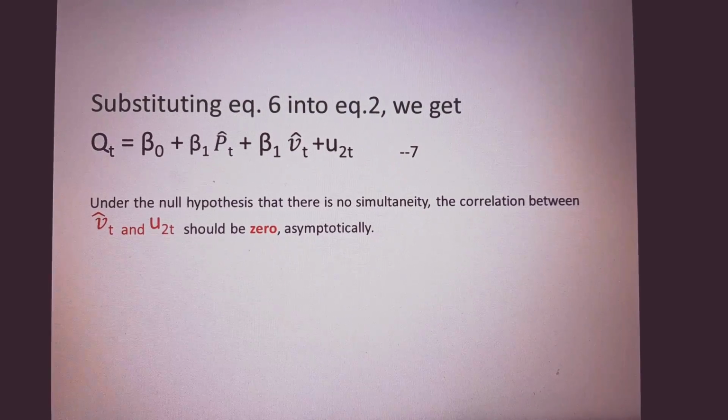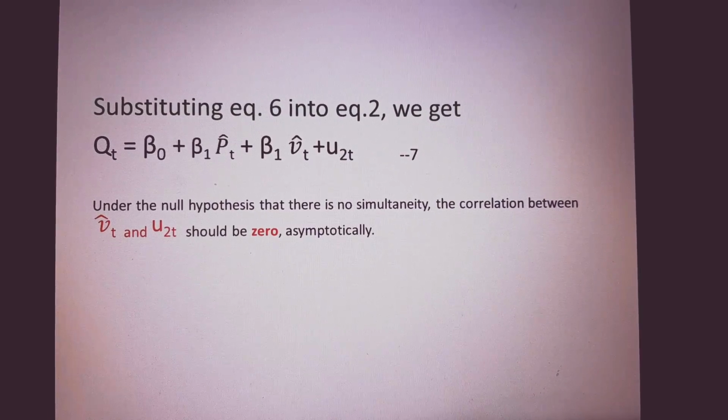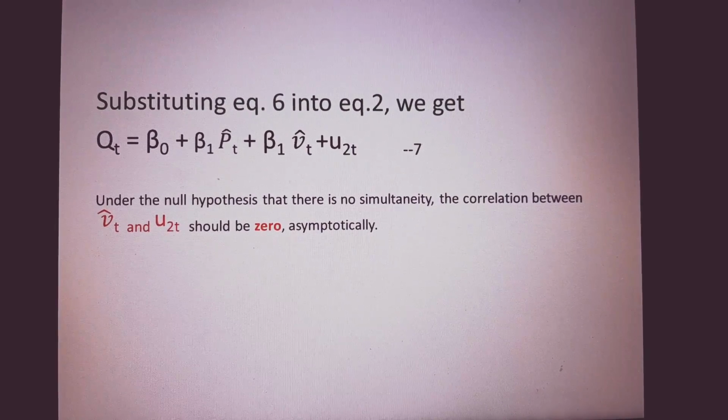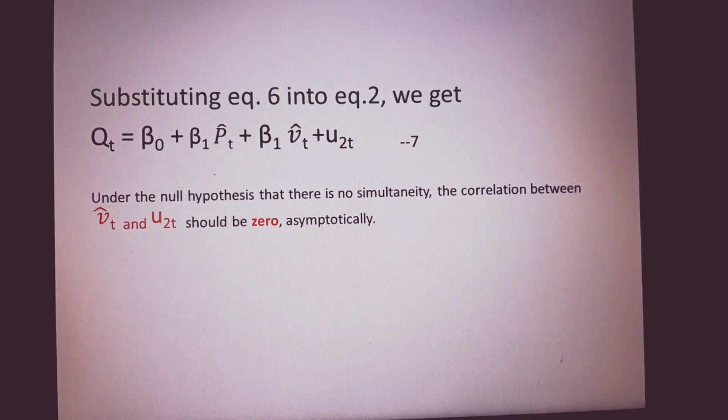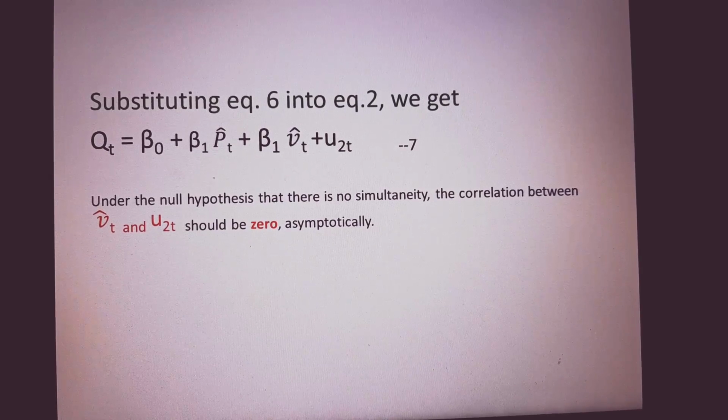Further, substituting equation 6 into equation 2, we get the supply function Qt as beta naught plus beta 1 Pt cap plus beta 1 Vt cap plus mu 2t.